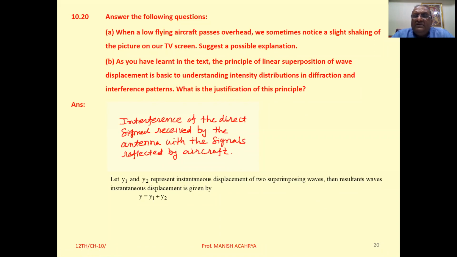So the resultant amplitude of the wave can be obtained by this superposition principle. And if we have the amplitude of the resultant wave, then we will get intensity, because intensity is proportional to the square of amplitude. Clear to all of you?